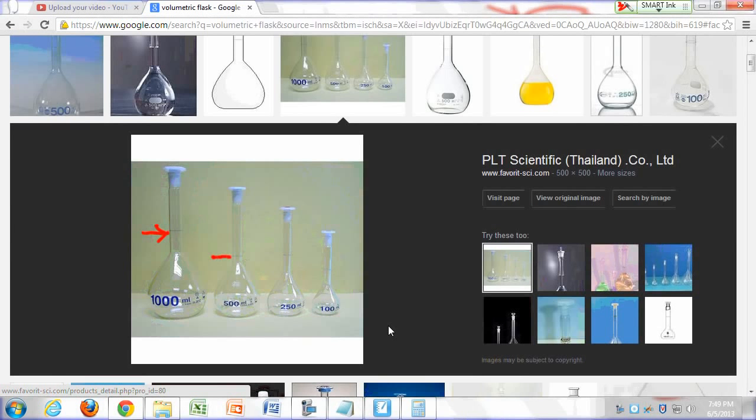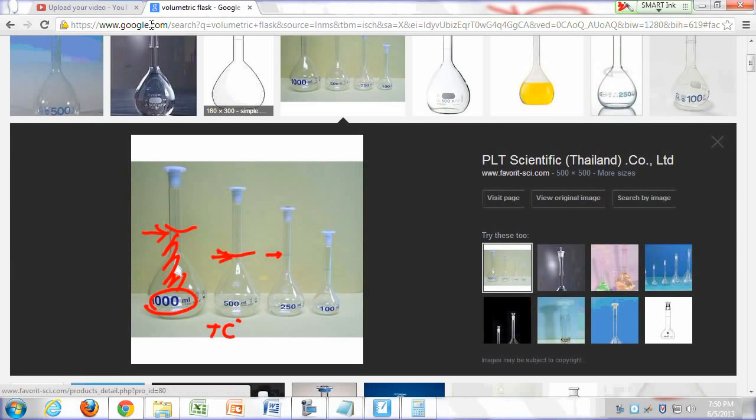That's called a fiducial mark. These are designed to contain, so if you look at the label here, you'll see a TC. This one, if you bring it up to this mark, you'll know that you have a total volume of 1,000 mL. This one will bring it up to 500 mL, and so on. So that's TC, to contain.